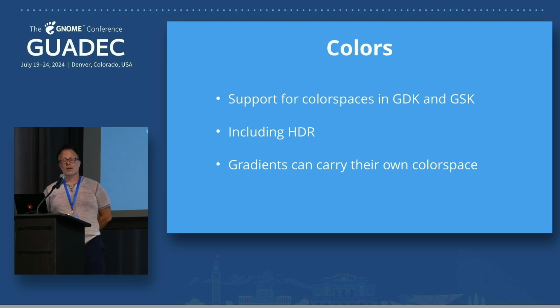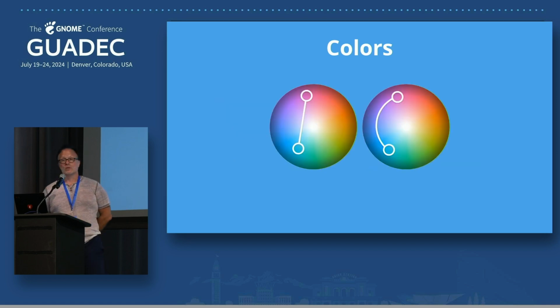Another thing we can achieve while we're doing this is to allow gradients to use different color spaces. Gradients are a bit different from the other rendering we do, because with gradients we actually interpolate between colors on the renderer side. And I wanted to go into some more depth here. When doing this interpolation, using RGB as a color space is often not ideal.